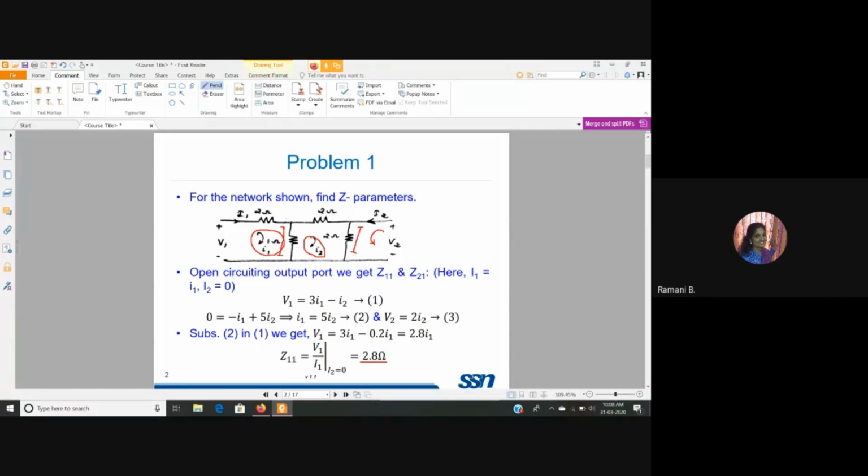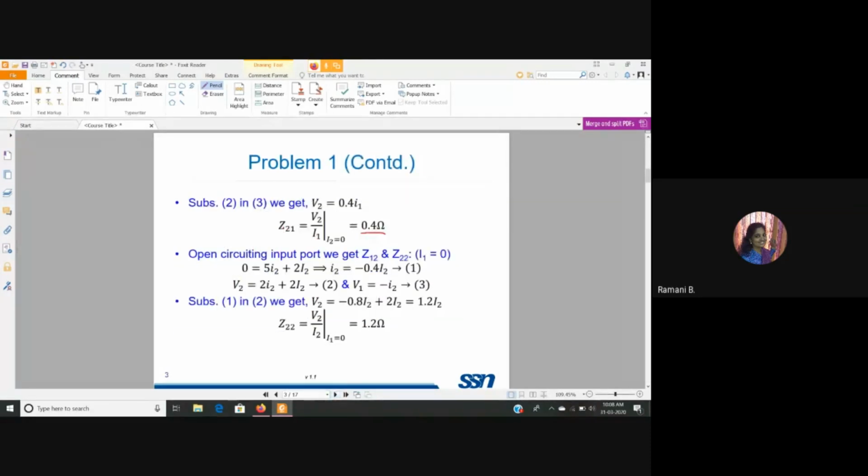So V1 will be directly 1 into I2. Minus 1 into I2 actually, because with respect to the plus minus sign, the current should be entering in this direction. However, our small I2 is in the opposite direction. So you will have minus I2.